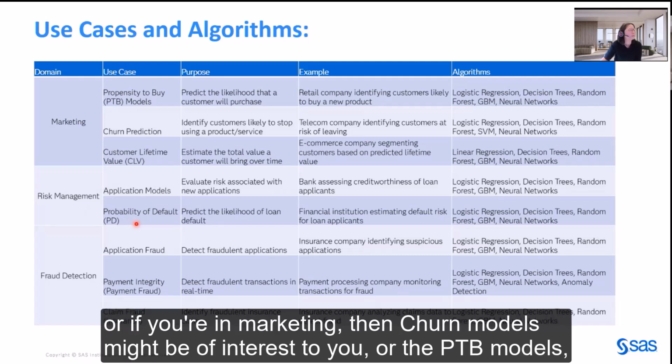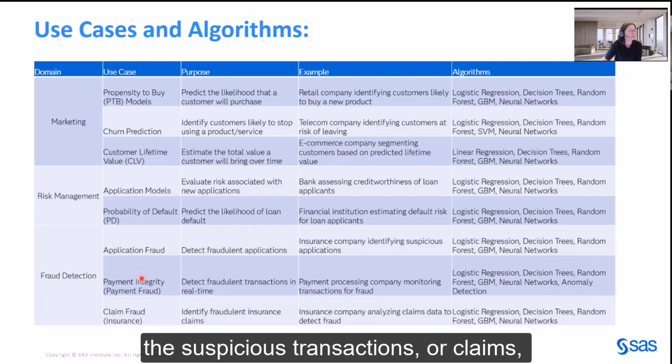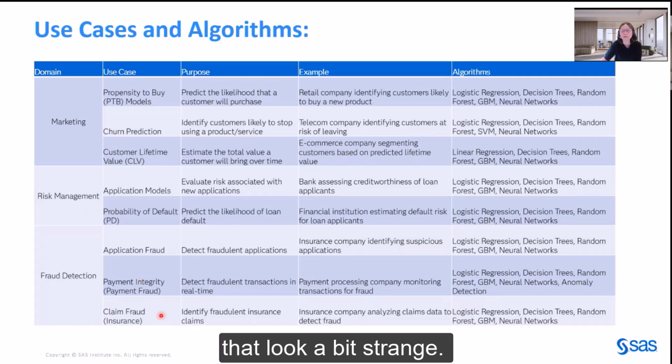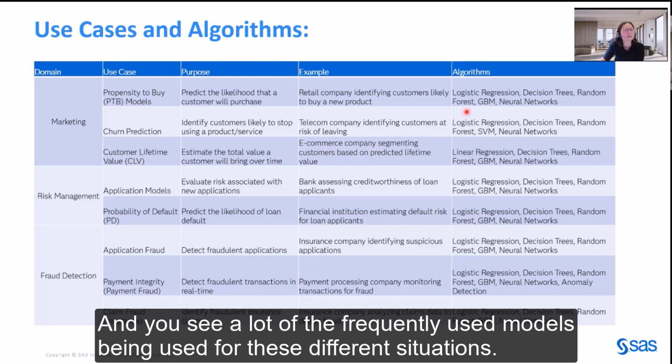If you are in marketing, then churn models might be of interest to you, or the PDB models. In the fraud space, you can build models to detect suspicious transactions or claims that look a bit strange. And you see a lot of the frequently used models being used for these different situations.